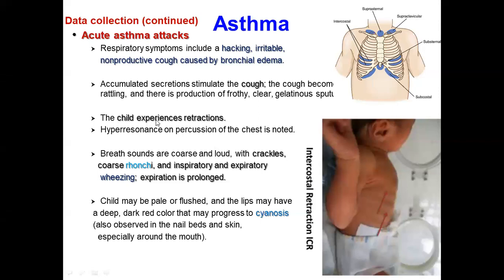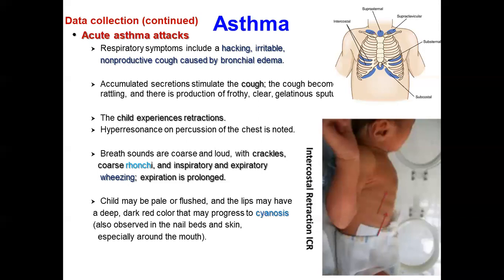The child experiences retraction. In the first picture, we can see the ribs. In between two ribs is the muscle we call the intercostal muscle. The intercostal muscle usually does not participate in respiration because the diaphragm is the major muscle.